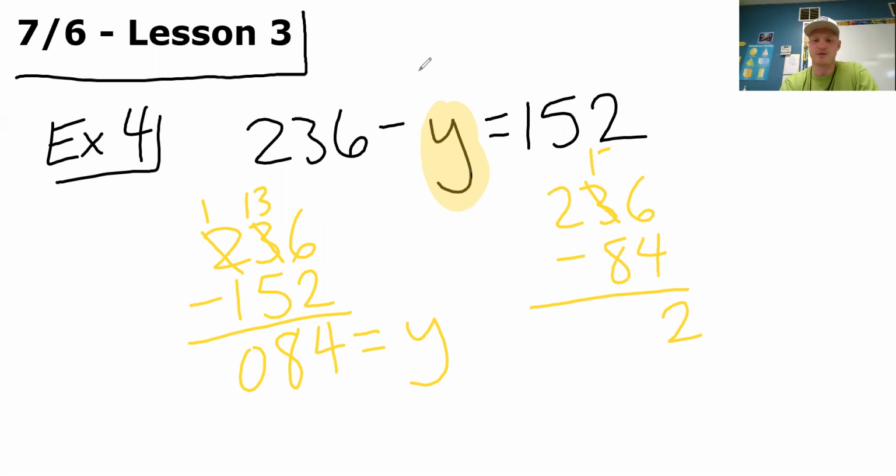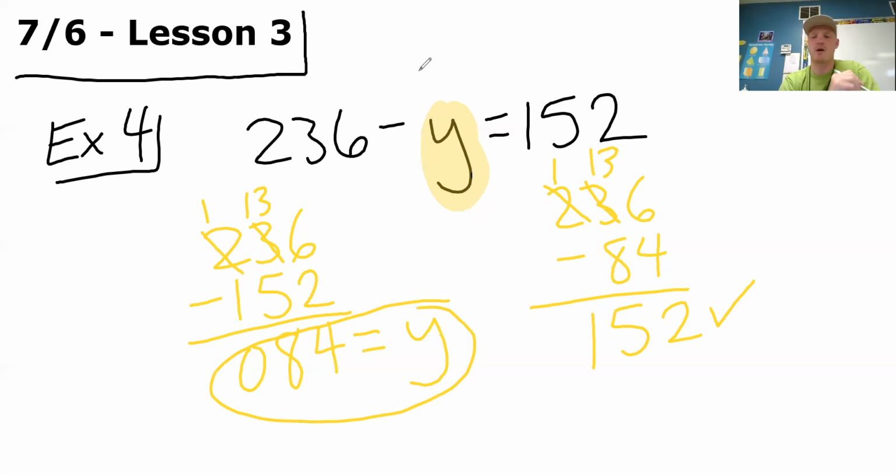We change that into a 13, and that is now a 1. 13 minus 8 is 5, and bring the 1 down, 152. So 152 matches 152. So our answer is correct. 84 equals y.